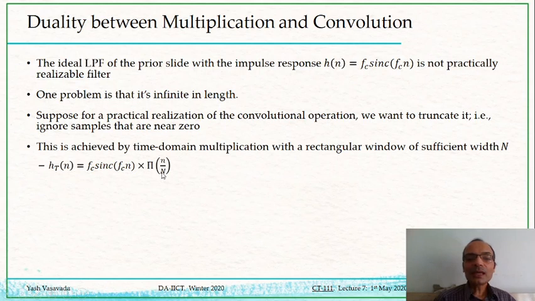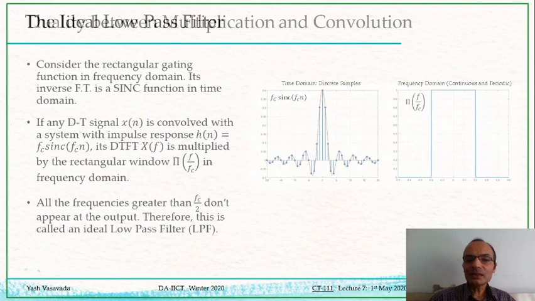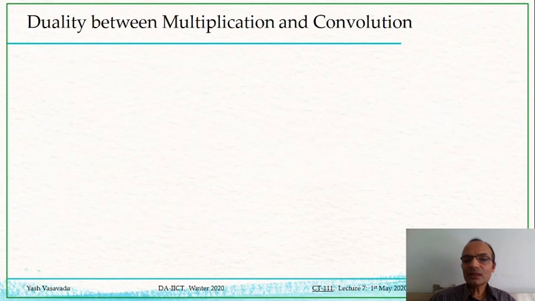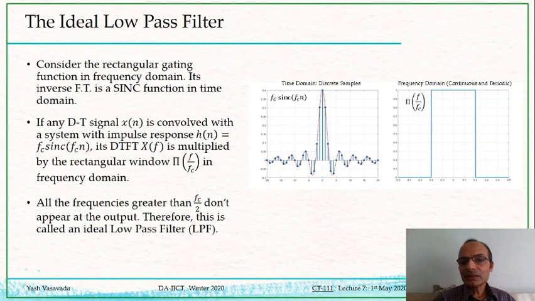Now we want to make capital N sufficiently large. On this slide, for example, if I make capital N maybe only 10 samples, then that is not sufficiently large, because then this rectangular window will zero out all of these samples which are not actually very small.